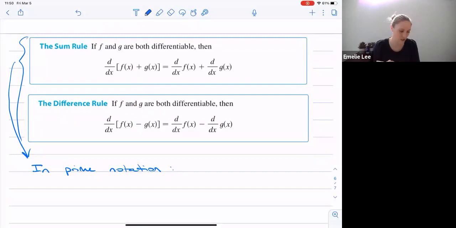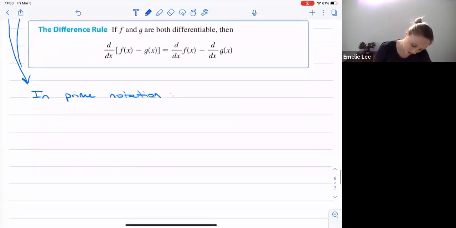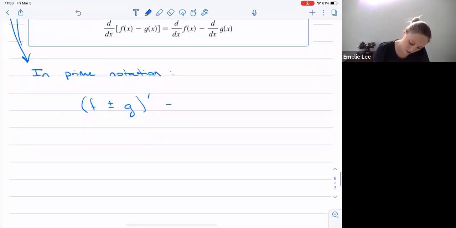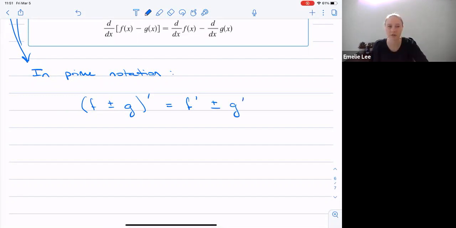So in prime notation, if I want to do f plus or minus g, and take the derivative of that, and this extends to more than two functions, but we'll focus on two, well, that becomes the derivative of f plus or minus, as appropriate, the derivative of g.